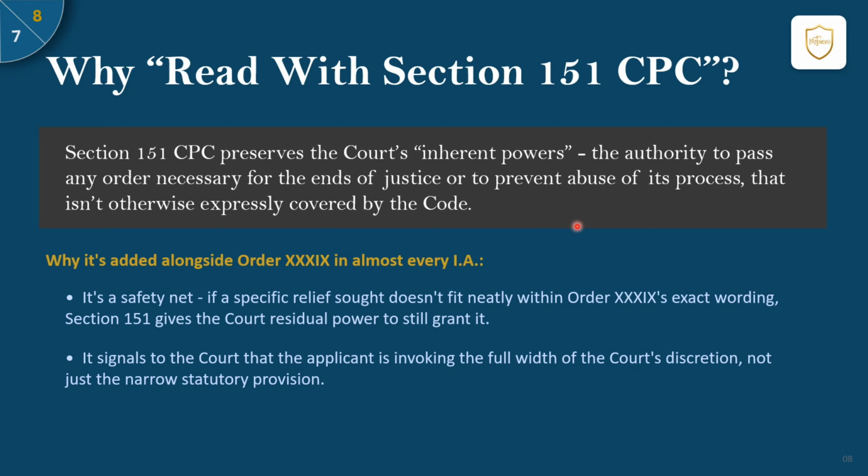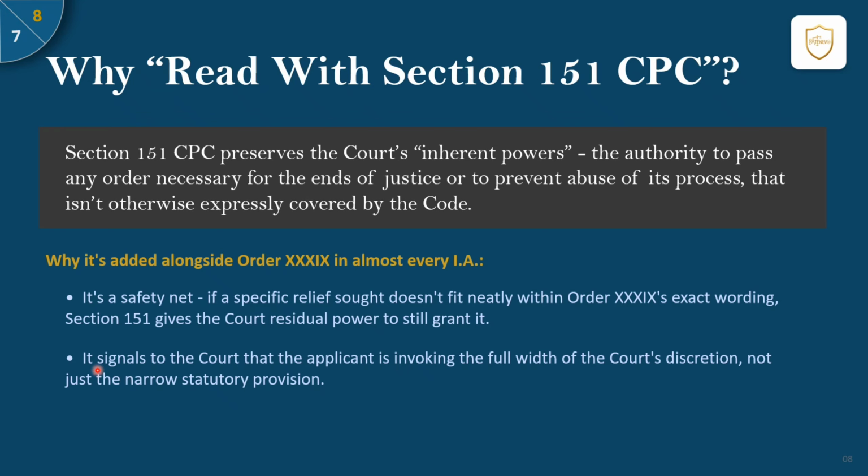So practically, this does two things for us. First, it is a safety net: if some specific relief we are asking for does not fit neatly within the precise wording of Order 39, then Section 151 lets the court still grant it in the interest of justice.